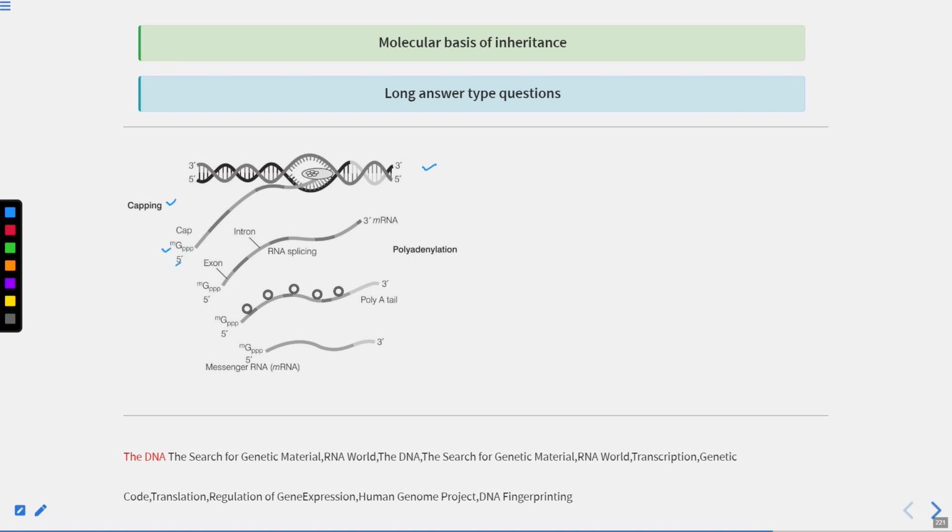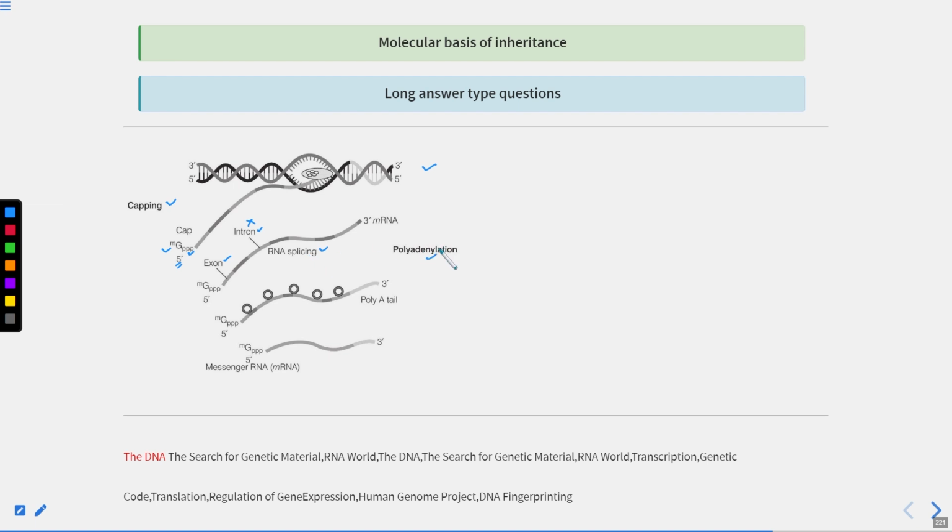At the 5' end, this methyl guanosine triphosphate, you can see there are 3 phosphates, is added. Then we have the exons and introns present. The primary transcript consists of both exons and introns, and by the process of RNA splicing, all these introns are removed and the exons are joined together. And then what happens?